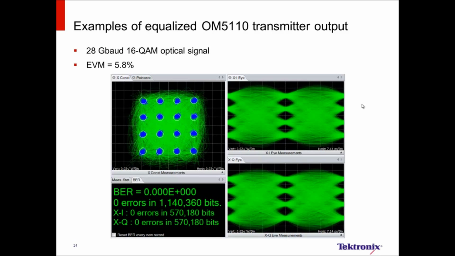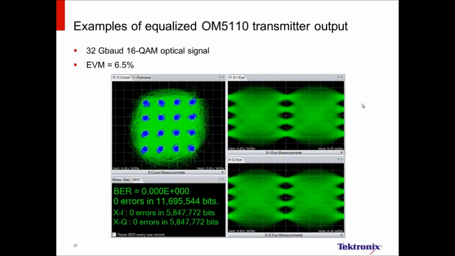And a couple more examples here. We see a 28 gigabaud 16 QAM signal with the EVM down to 5.8, and this is through the whole optical system. So this is not just electrical, this is optical EVM. So it's a very good EVM for going through a complete system.